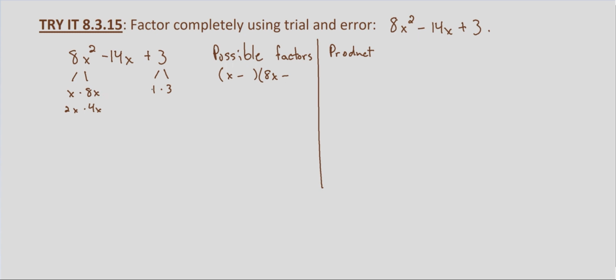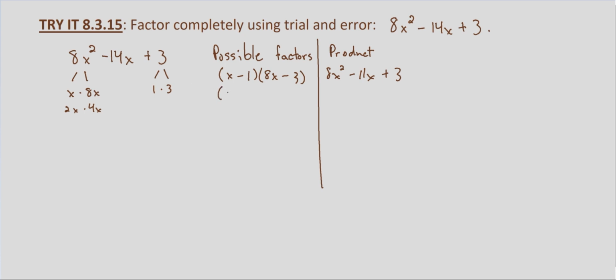So x minus 1 times 8x minus 3. What does that give us? That gives us 8x squared minus 8x minus 3x is minus 11x plus 3. Well, 11x is not what we want, so that's not going to work.